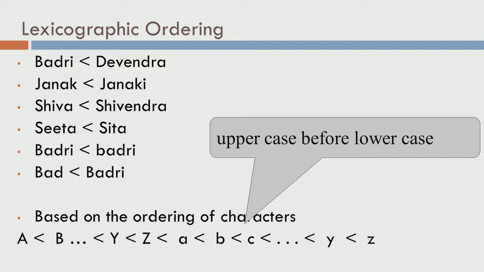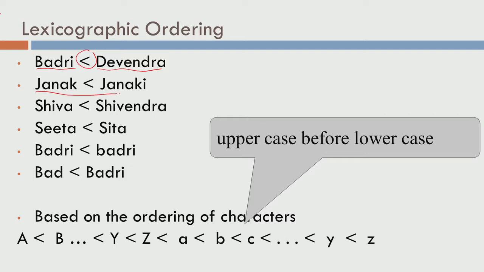Clearly if I arrange them in a dictionary, the word Badri will come before the word Devendra. I will use the notation less than for it. So, Badri comes before Devendra is expressed as Badri less than Devendra.